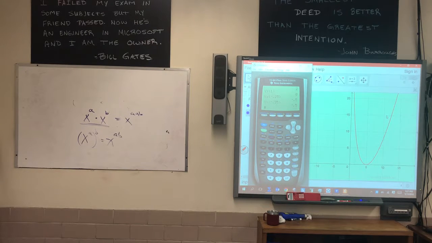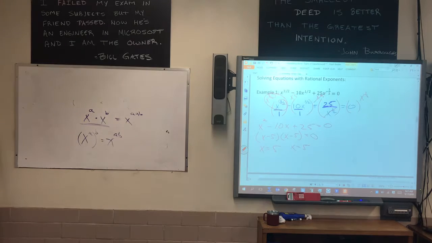Okay, or I'm able to decipher which ones may or may not be extraneous. Using my TI-83 or 84, we can do the same process using substitution, okay? Because ultimately what we need to do to check extraneous solutions is this. We need to go into our original equation and say, okay, if x is 5, I'm going to rewrite this.